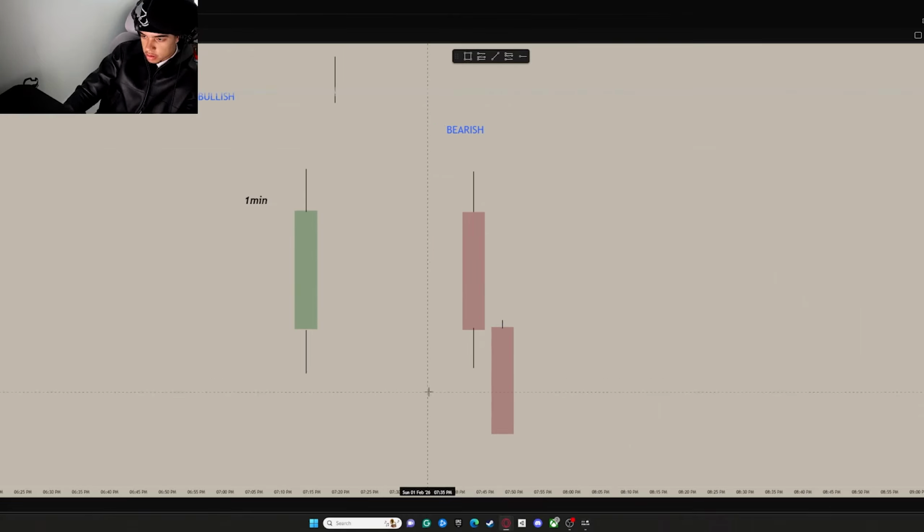For example, this market, pretend this one opened, right? So it opened either up here or down here, wherever it may be, depending on the previous candle. So it opened, went up, went all the way down, but then went a little bit further up and closed right here, right? And then as soon as this one closed, this one opened.